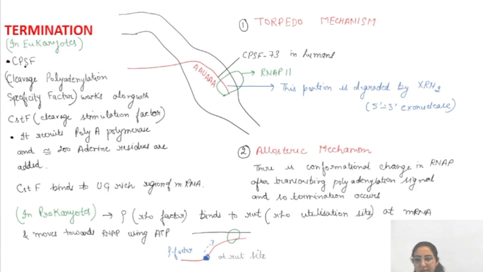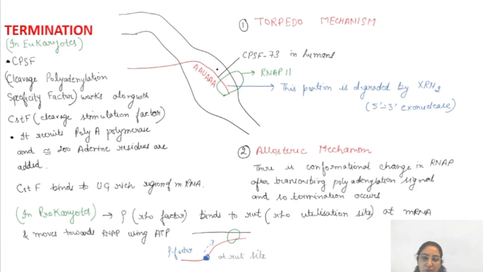And this CPSF works together with one more protein, that is CSTF or cleavage stimulation factor. Then this CSTF recruits a poly-A polymerase and it attaches around 200 adenine residues to the RNA chain.